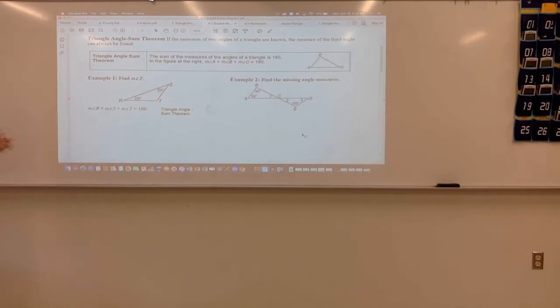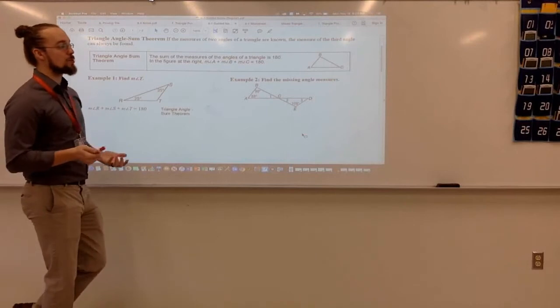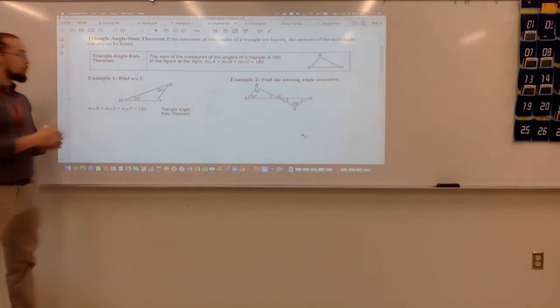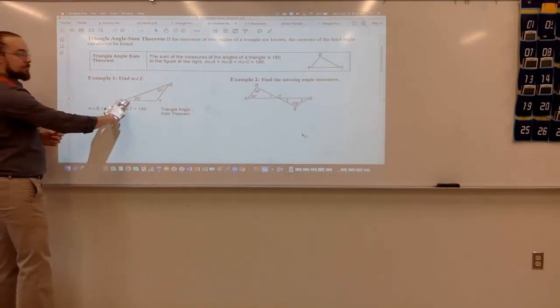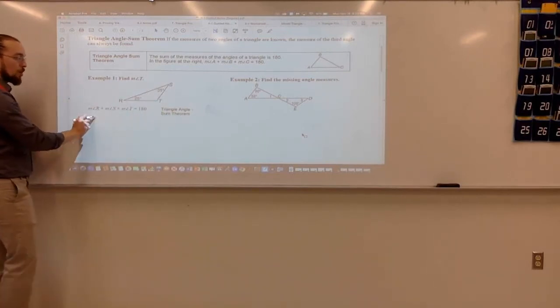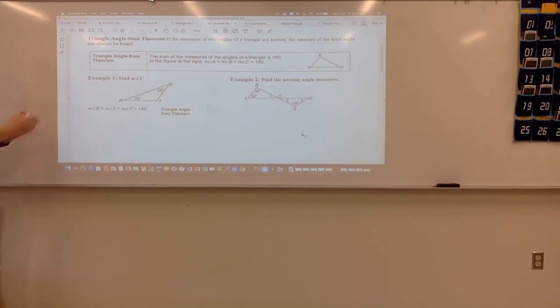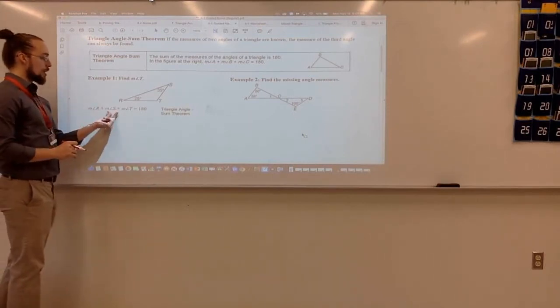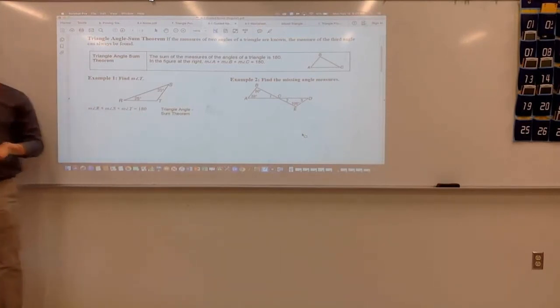So to find missing angles in a triangle, we're going to use that idea. For example, in this triangle right here, I know that the measure of angle R is 25 degrees. We want to get in the habit of setting up an equation like this every time.